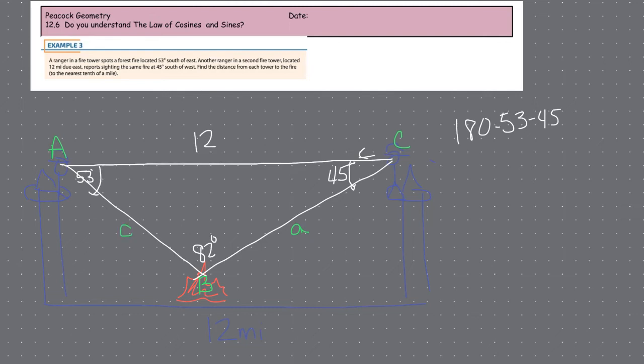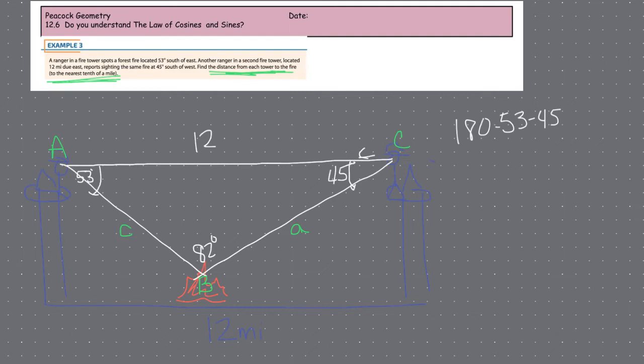That's what we want to find, because it says find the distance from each tower to the fire to the nearest tenth of a mile. I know some of us might say it's along the ground, but they want you to find this diagonal length right here.